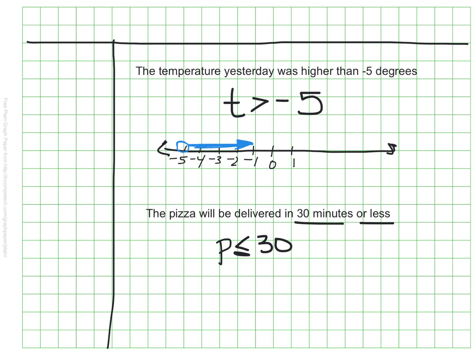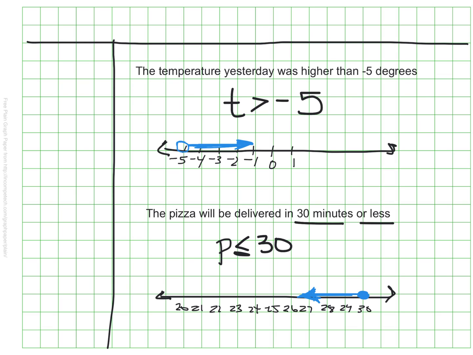I can also graph this on a number line. On this one, I'm going to fill in the dot on 30 because it could be here at exactly 30 minutes. So by shading that in, I show that 30 could be a possible number of minutes or a possible answer to my inequality. However, it could also be here before that, any time before that. So I'm going to make an arrow going to the left to show that all these numbers that are less than 30 are possible as well, right?